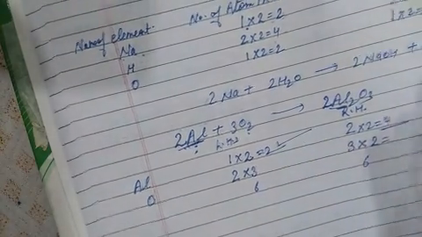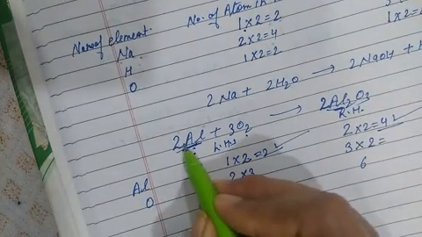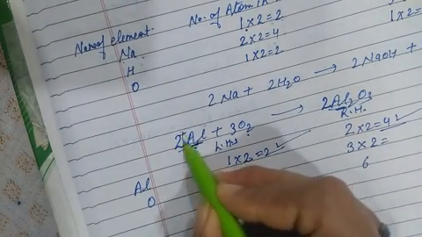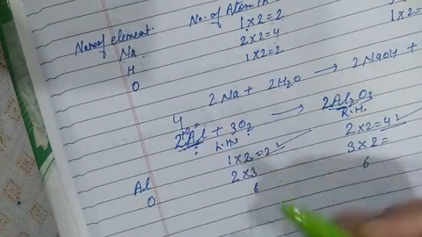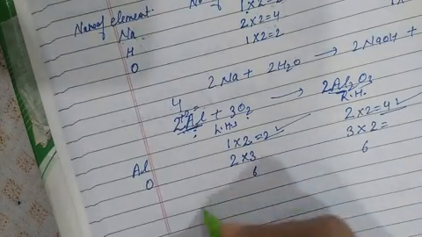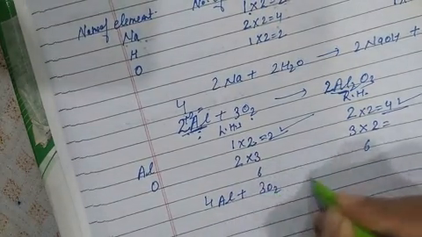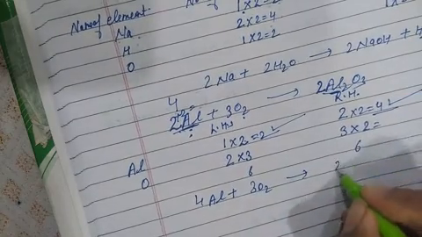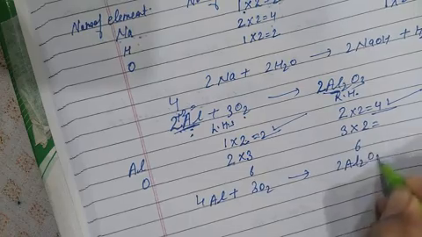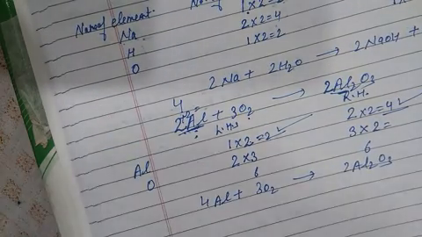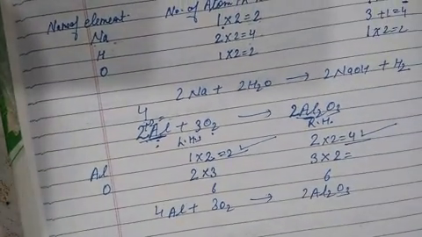There is a 2 and here is a 4. So you will put 2 more here to make 4. So balance the chemical equation: 4Al plus 3O2 gives 2Al2O3. Students, it is a little bit difficult.